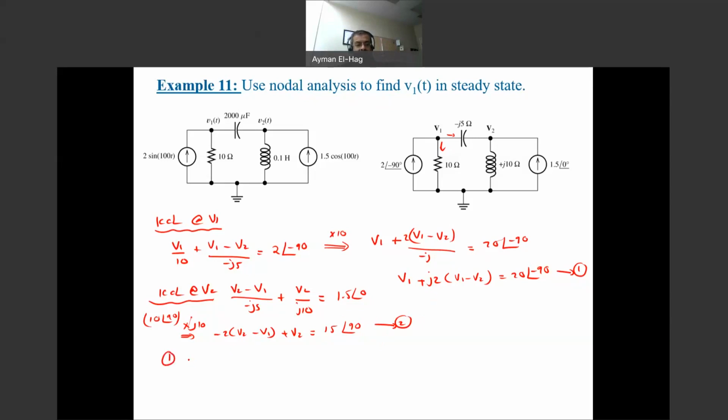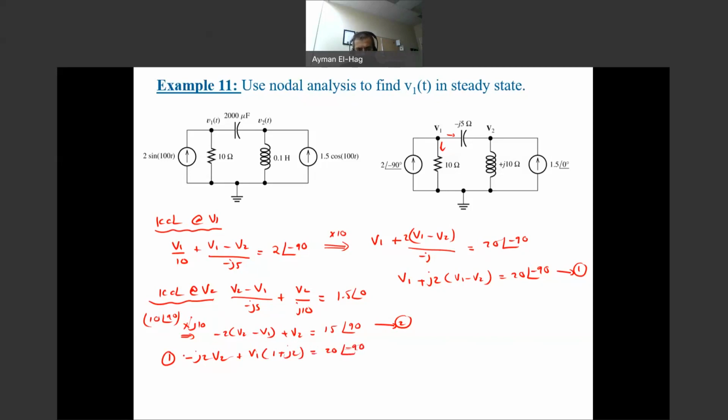Equation number 1 is basically minus J2V2 plus V1 of 1 plus J2 equal to 20 angle of minus 90.